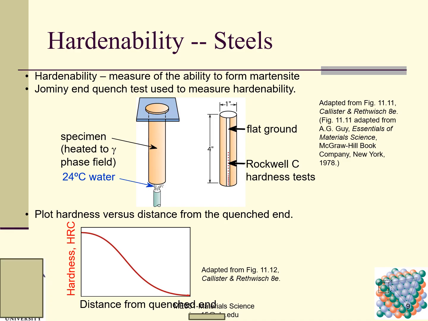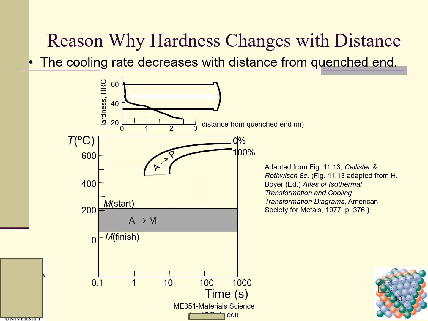And what is hardenability? Hardenability is a measure of the ability to form martensite, the capability of this material to be quenched to get martensite. So why does hardness change with distance?